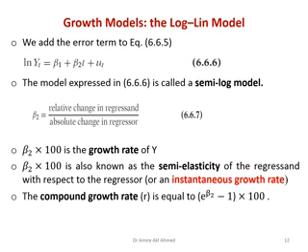We add the error term to equation 6.6.5 to take into account the possibility that the relationship may not hold exactly. The regression equation in 6.6.6 is like any other linear regression model in that the intercept and slope parameters are linear. The only difference is that the regressant is the logarithm of y and the regressor is time.